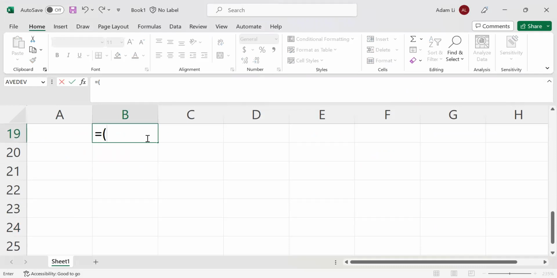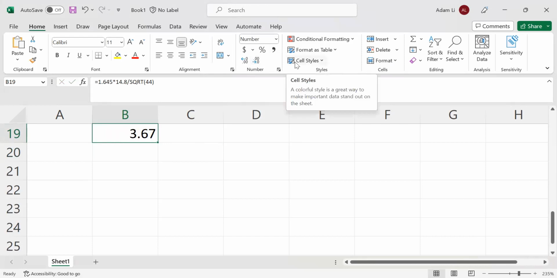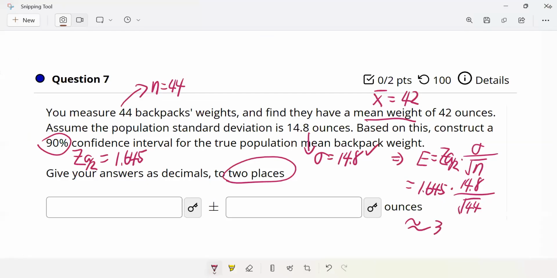Once we put it in the proper form, we enter, we get a result, two decimal places. So this is 3.67. That's the margin error. So margin error is 3.67.